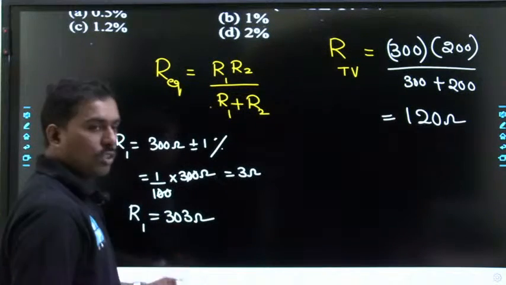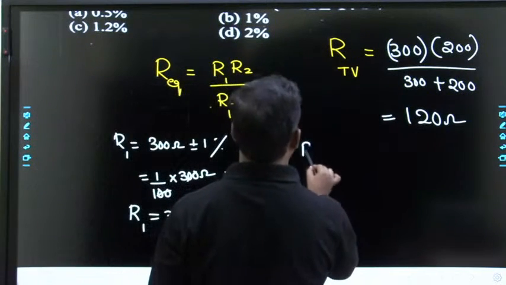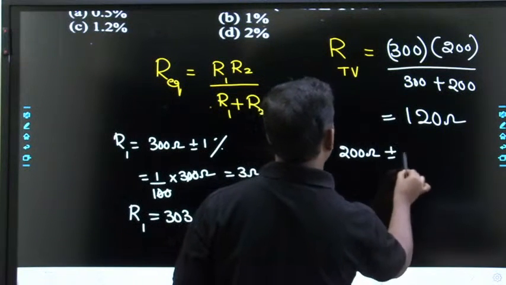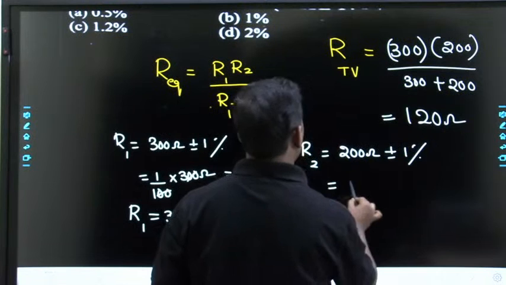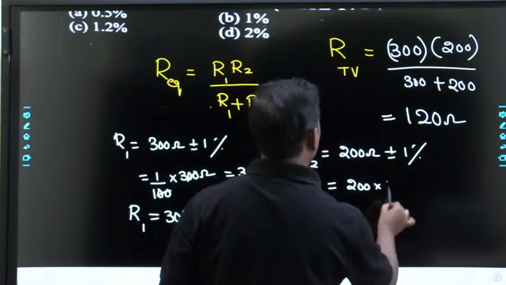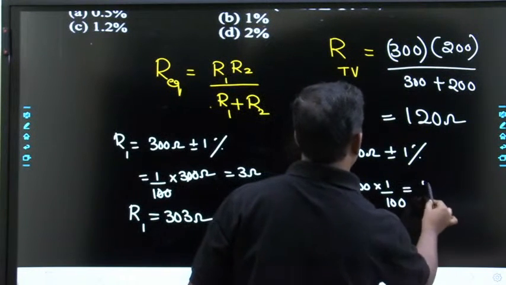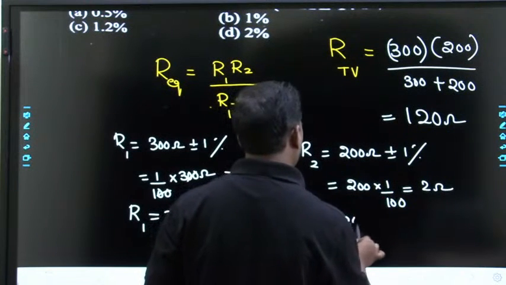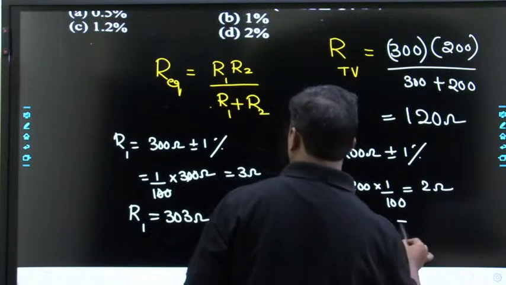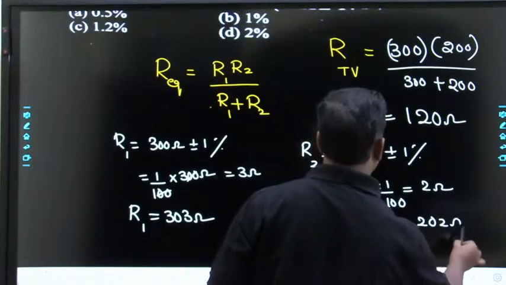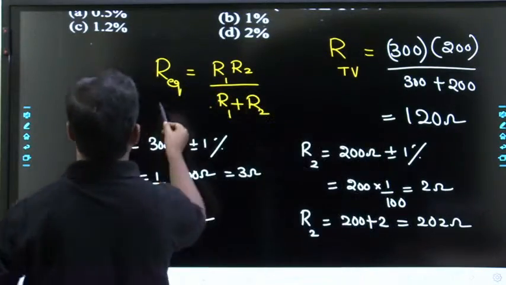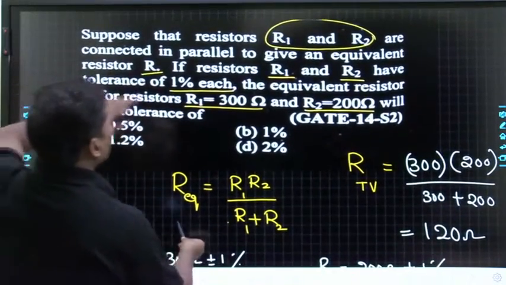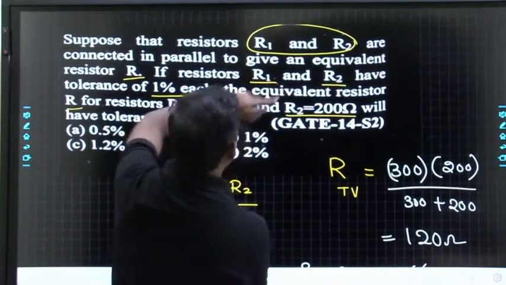Next R2 is 200 ohms plus or minus 1%. 1% of 200 ohms means 2 ohms. Then R2 will be 200 plus 2, that will become 202 ohms. So if you consider the errors, 1% of 300, 3 will be added, 303. 1% of 200, 2 will be added, 202.